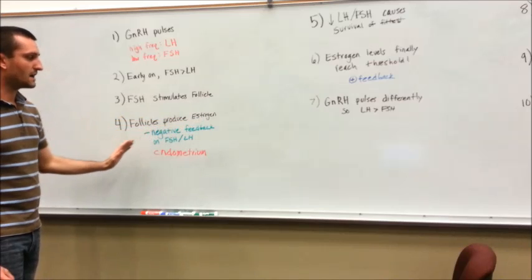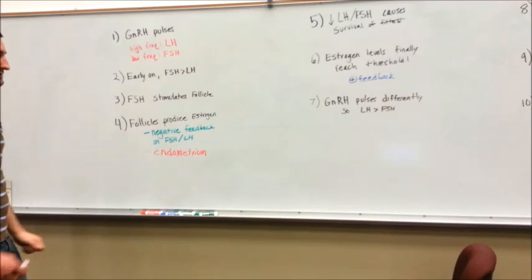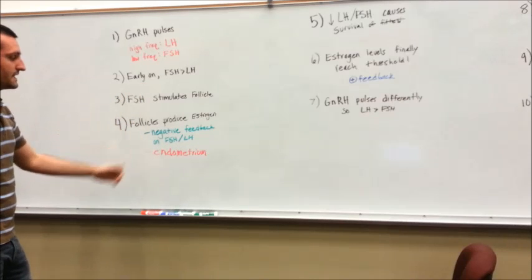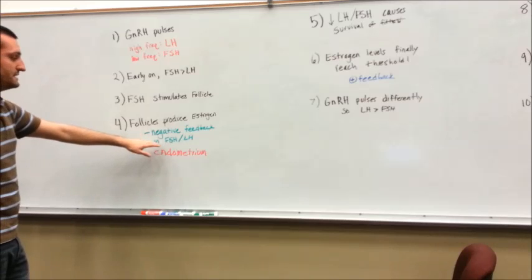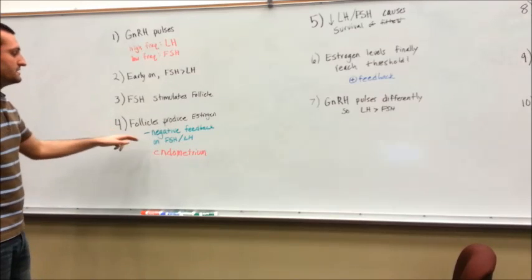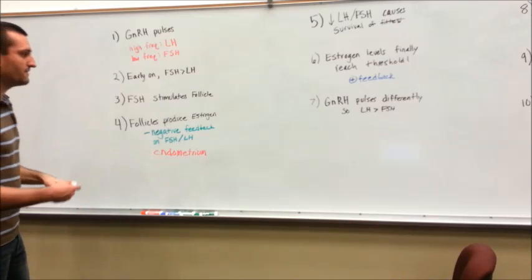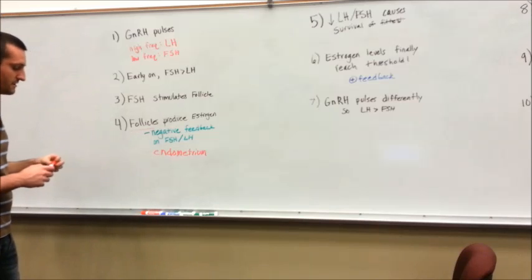Estrogen levels rise, which is going to negatively feed back on the FSH and LH levels. So with the rising estrogen, we'll have decreasing FSH and LH. Eventually, with the decreasing LH and FSH levels, there's less FSH and LH that can act upon these follicles.